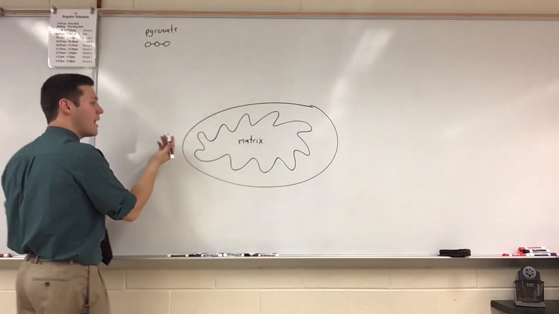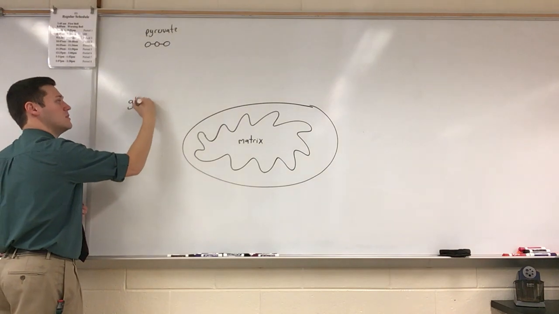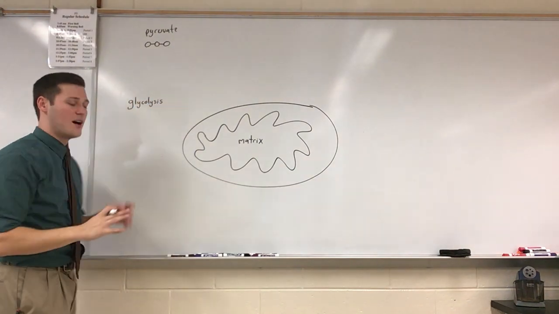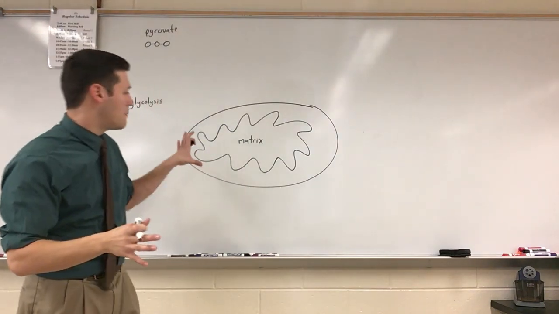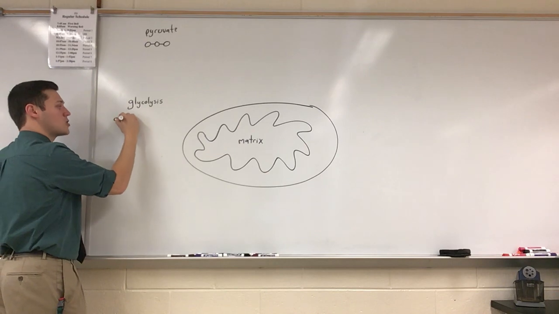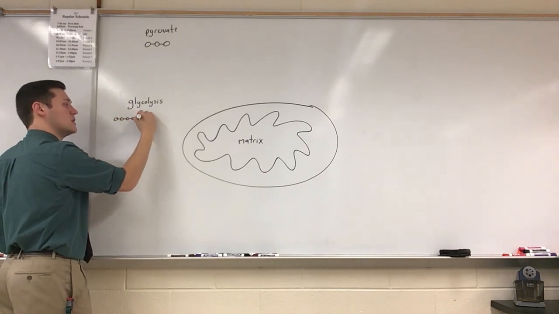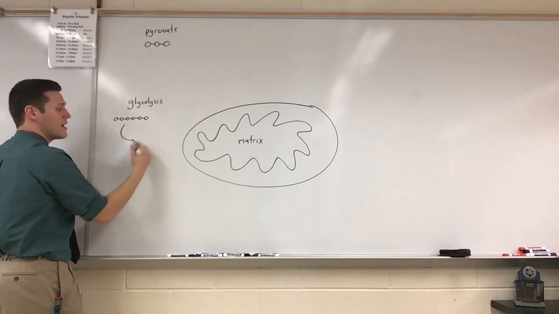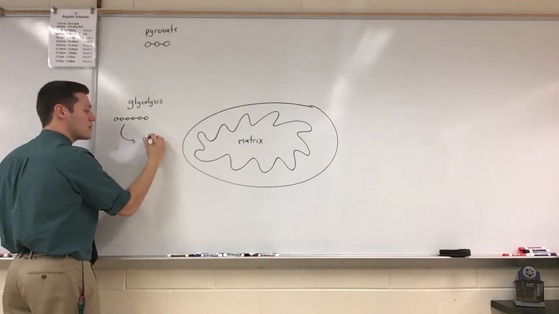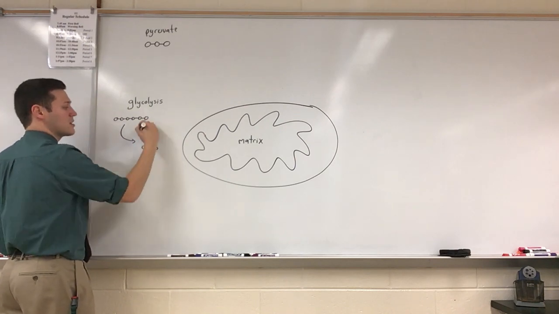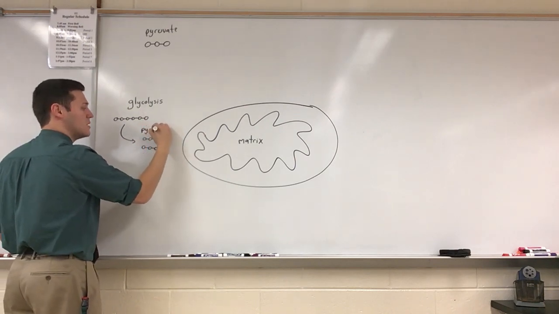So glycolysis, if you recall, occurred in the cytosol surrounding the mitochondrion, and it took glucose, a 6-carbon molecule, 1, 2, 3, 4, 5, 6, and broke it down into 2 3-carbon molecules. Those 3-carbon molecules are pyruvate, or pyruvic acid.